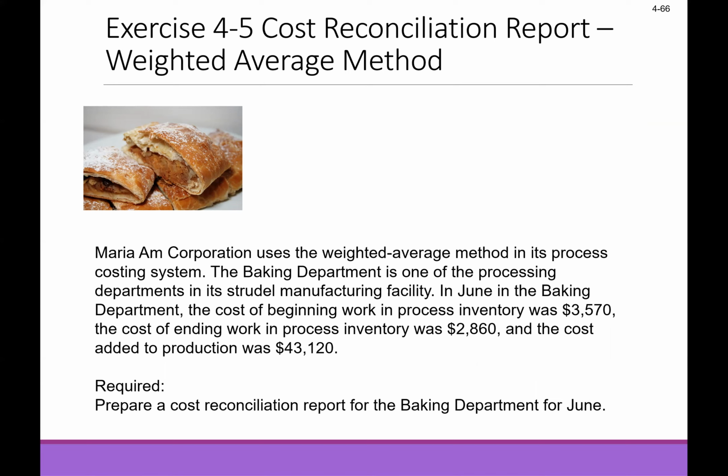So it tells us the baking department, the cost of work in process at the beginning was $3,570. The cost of ending work in process was $2,860. And the cost added to production was $43,120.